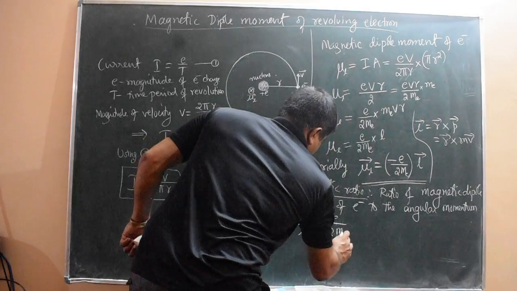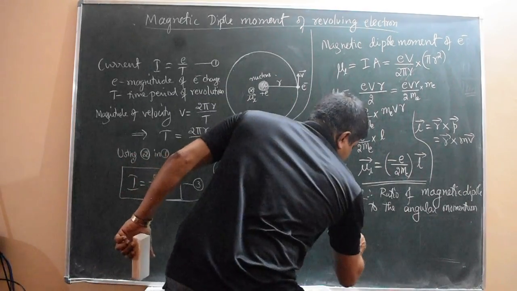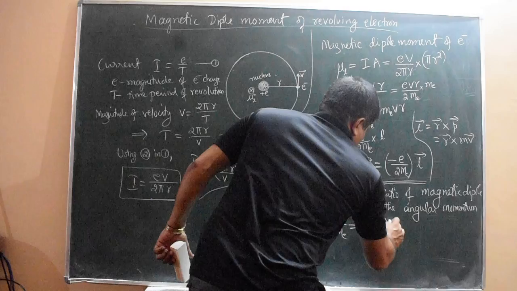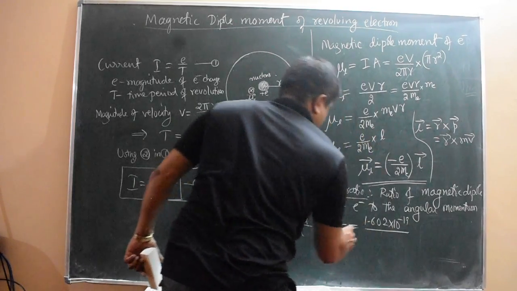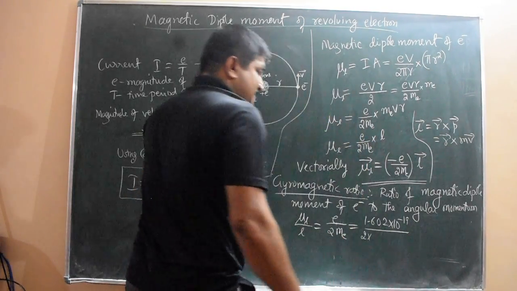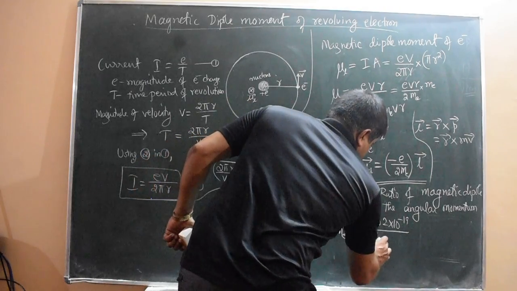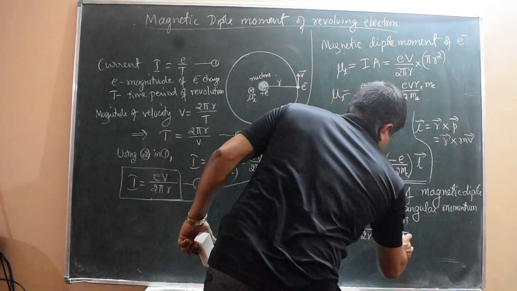Now substituting the values: e is 1.602 into 10 power minus 19, divided by 2 into the mass of electron, 9.11 into 10 power minus 31 kg.